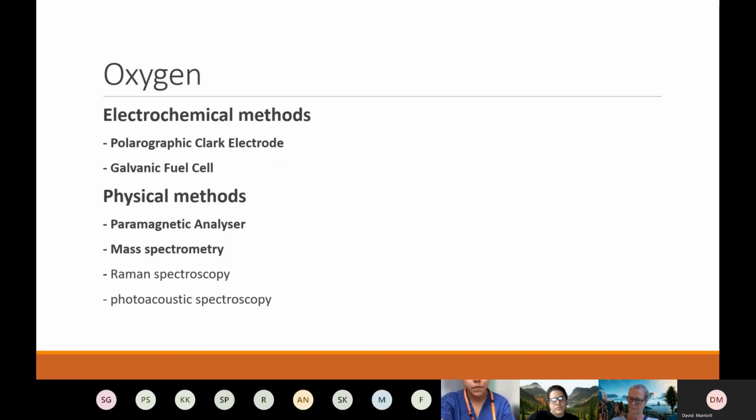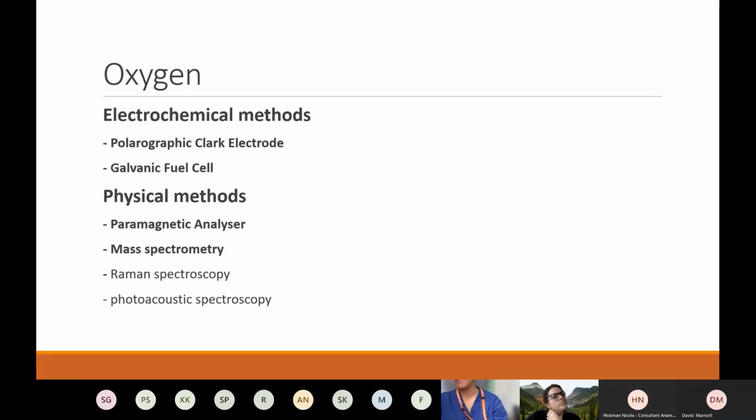Okay, so oxygen. So broadly speaking, there's 2 ways of measuring oxygen. So there are electrochemical methods and physical methods, and the methods that I'm going to talk about I've highlighted in bold.